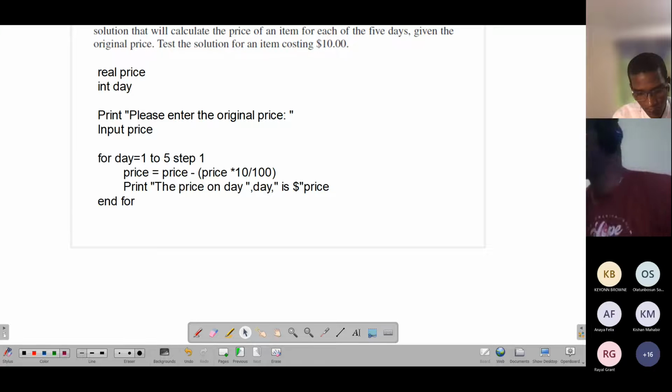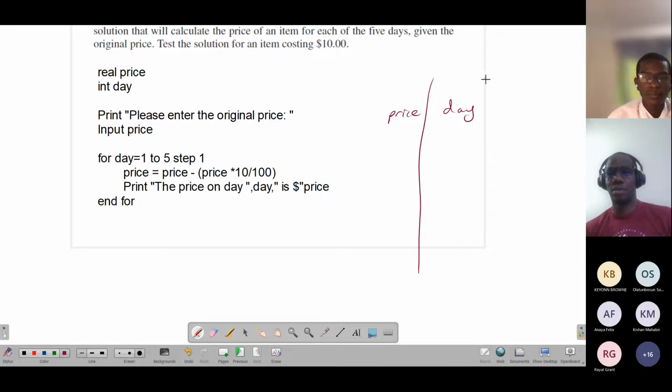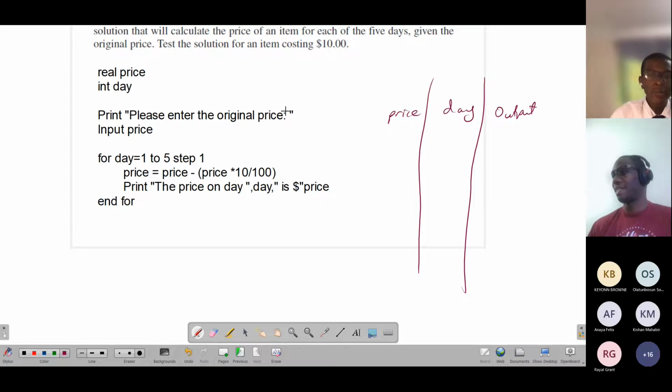So let's run through a test with this with a trace table. We have price, and we have D, and then of course we have our output. And if we enter a price, let's enter any price.